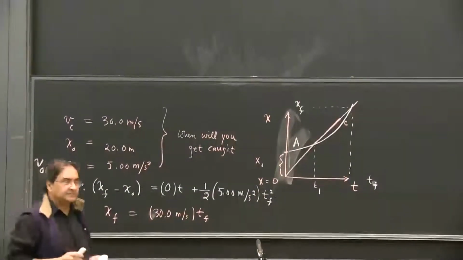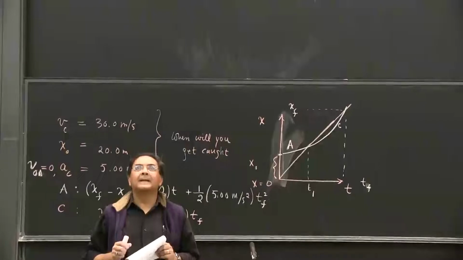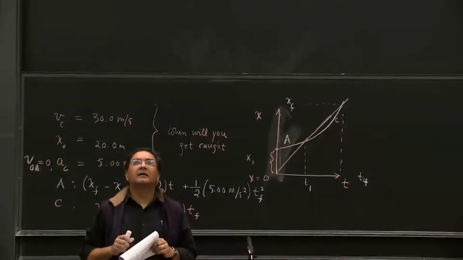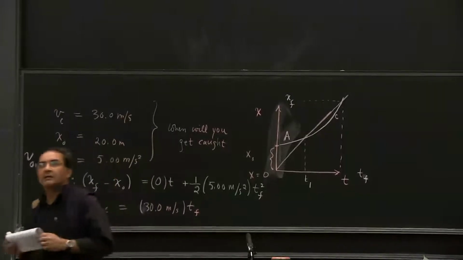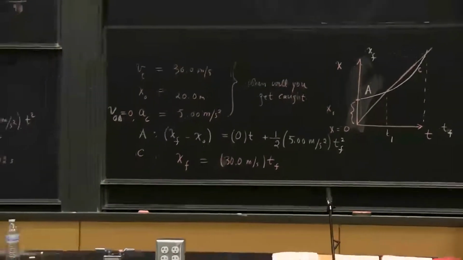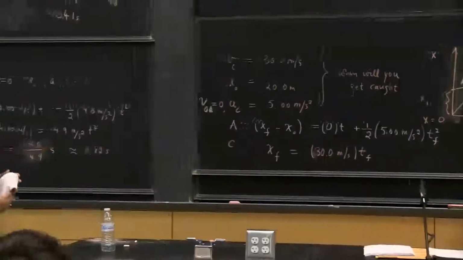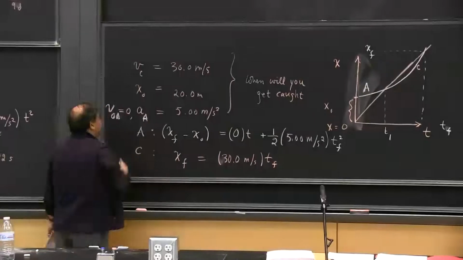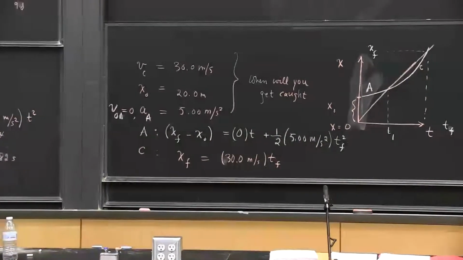Cop is A. So the acceleration is also supposed to be for the cop, right? Yeah, you are absolutely right. This should be AA. All right, good. Now we are making progress.